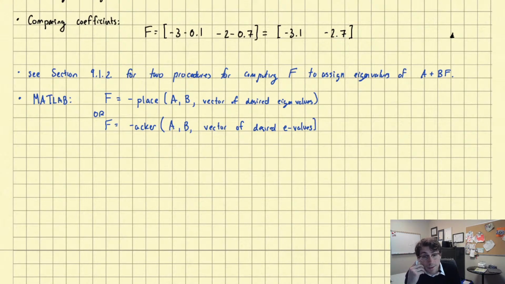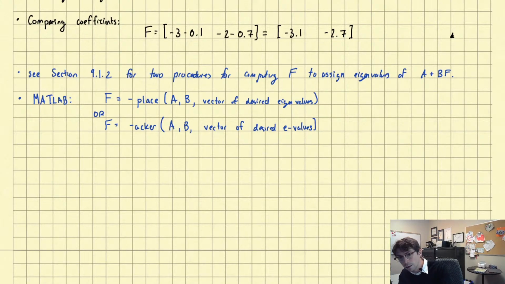Okay. The negative sign out in front is just the convention. MATLAB wants to write it as A minus BF. I like to write it as A plus BF. But that's why MATLAB assumes that your closed-loop system will be A minus BF, so it adds an extra negative. That's why I have to undo it by adding that negative out in front. Okay.